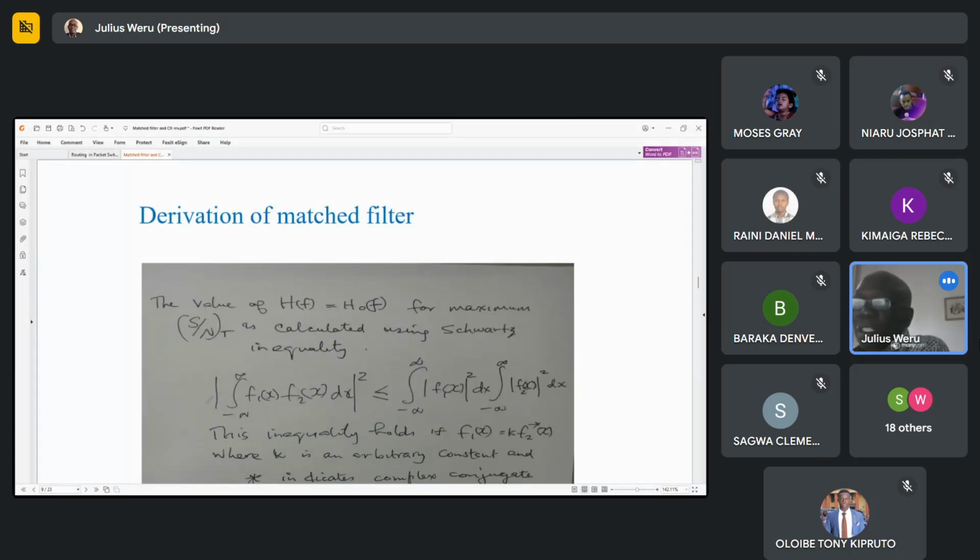It's an interesting inequality. We are saying that if you have this relationship here, where f1 of x is a complex conjugate of f2 of x multiplied by some arbitrary constant, then this inequality holds.